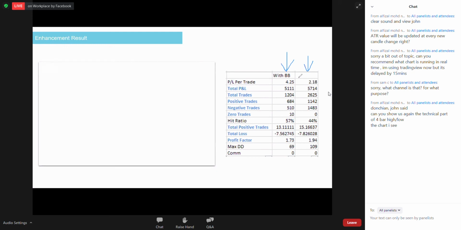If we use Bollinger Band, we actually have 600 points less profit, but the trades reduced from 2,600 to 1,200. It means in those 1,400 trades, there are 600 points that I give up with Bollinger Band, but I reduced 1,400 trades.